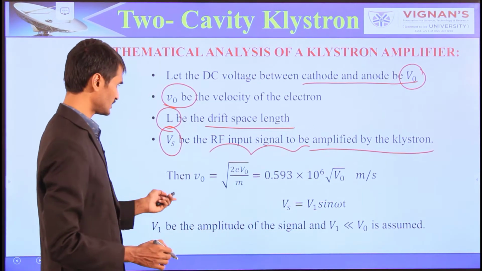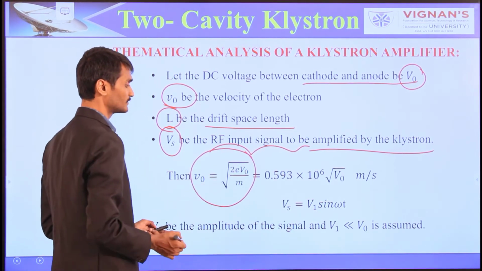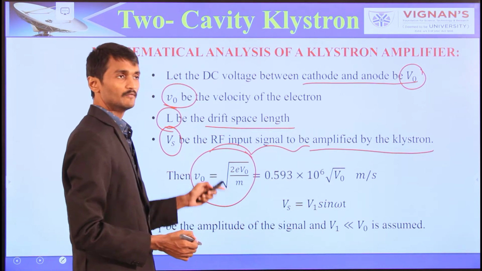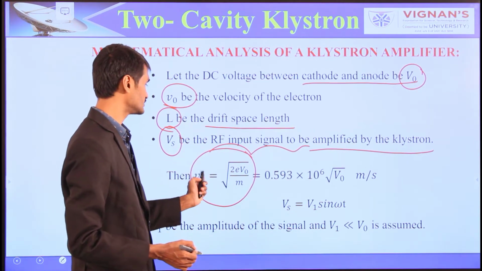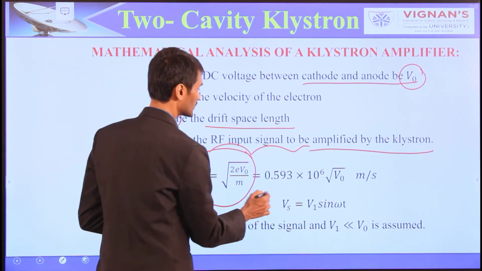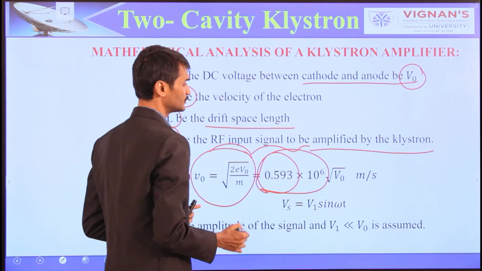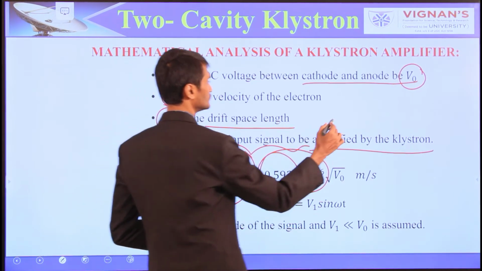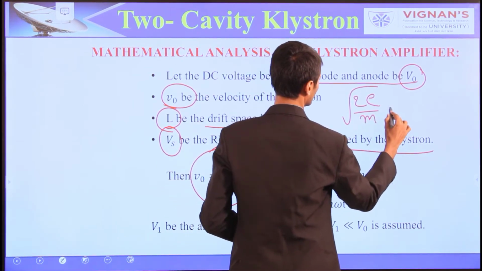Then we already know this expression, v0 is equal to square root of 2eV0 by m, from the transit time derivation. So from this, 0.593 into 10 power 6 is the value of square root of 2e by m.